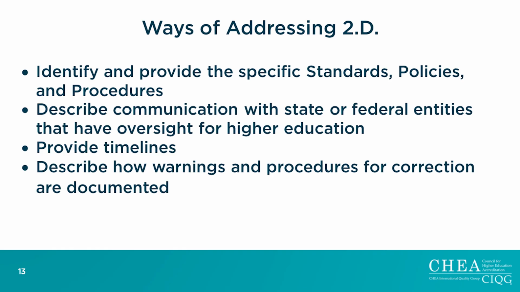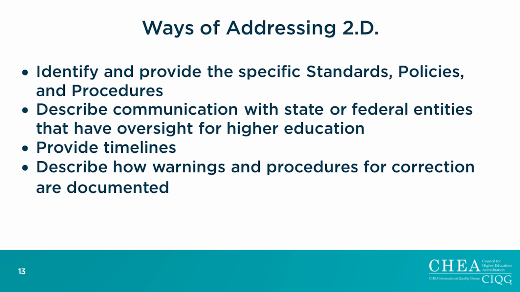In Standard 2D, the accrediting organization implements and upholds standards, policies, or procedures that require it to take timely action to prevent substantially underperforming institutions or programs from maintaining accreditation. The narrative may describe how the accrediting organization documents warnings and procedures for correction of low-performing institutions or programs, or communicates with state or federal entities that have oversight for higher education to receive information they may have that might affect the institution or program's accreditation status.